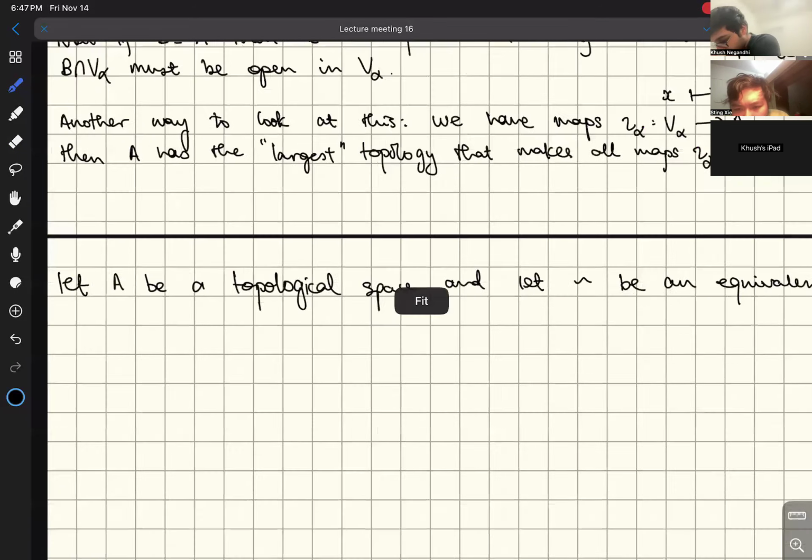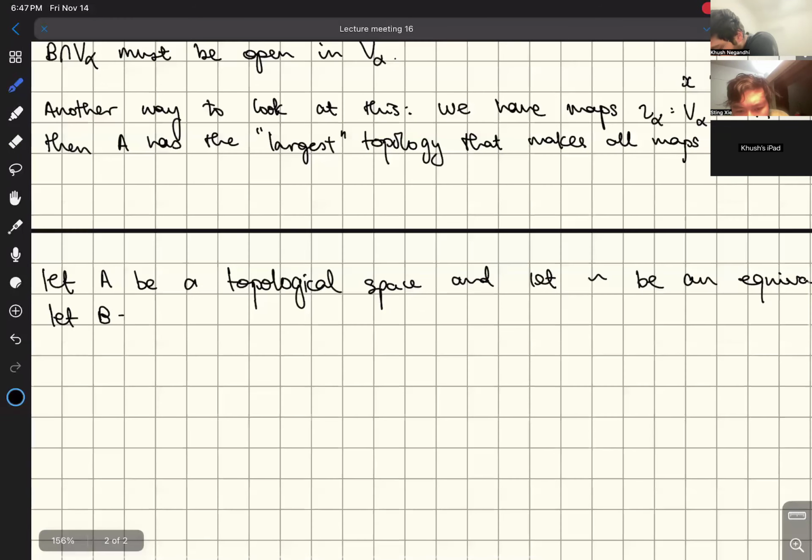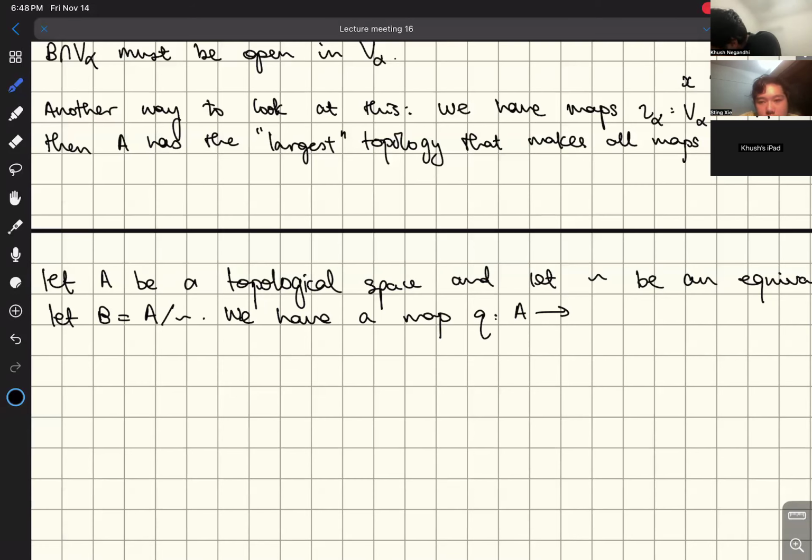Let B equal A quotient the twiddle. Now the question is, what is the topology on B? And the topology on B is very simple. We have a map Q from A into B that takes a point X and maps it into the equivalence class of X. All we require is that B has the largest topology that makes this map continuous.